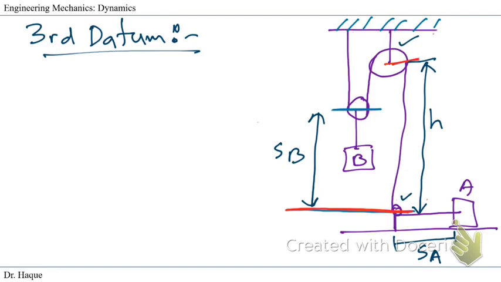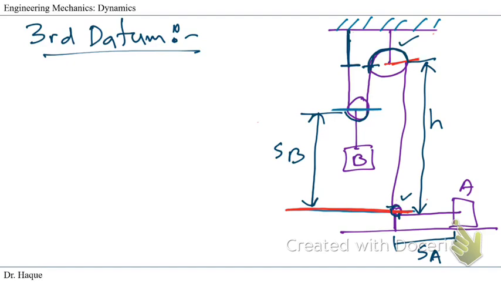All this is to show you that if we take any fixed point as datum, it will lead us to the same solution. The length from here is fixed and constant, so we're neglecting that. We're neglecting this circle, this part, and this curve.